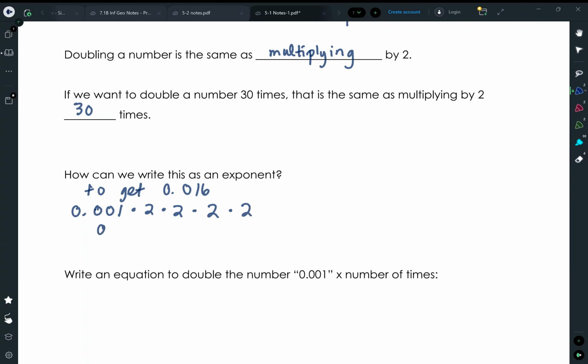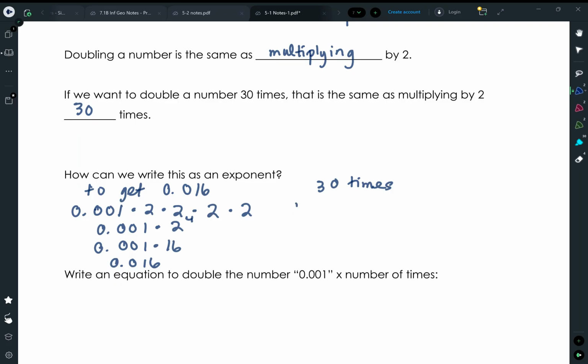And we know that's the same thing as having 0.001 times 2 to the, 1, 2, 3, 4 factors of 2 would be 2 to the 4th power. And if I do 2 to the 4th power on my calculator, I would get 16. So this ends up being 0.001 times 16, which is 0.016.